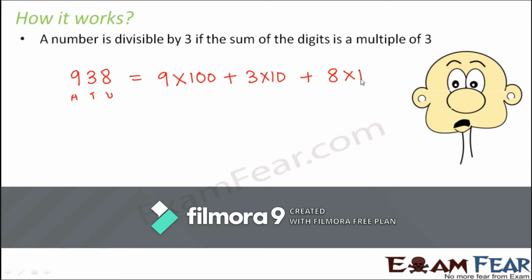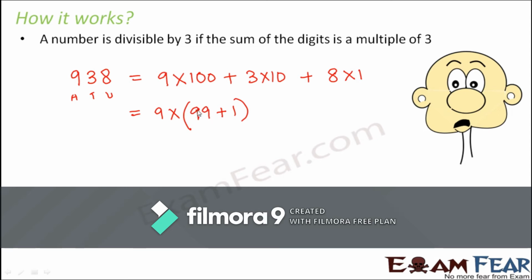So now we will do a little bit of a tricky thing here in order to prove that if the sum of the digits is a multiple of 3, then the entire number will also be a multiple of 3. That is what we want to prove. So instead of writing 100, we will write it as the sum of 99 and 1. Now why do we do this? That's because we want to break 100 as a sum of two numbers such that one number is a multiple of 3.